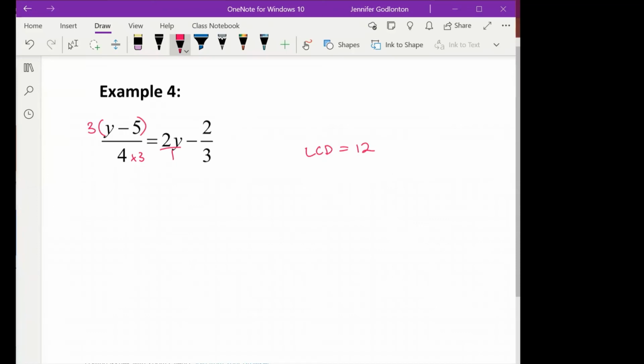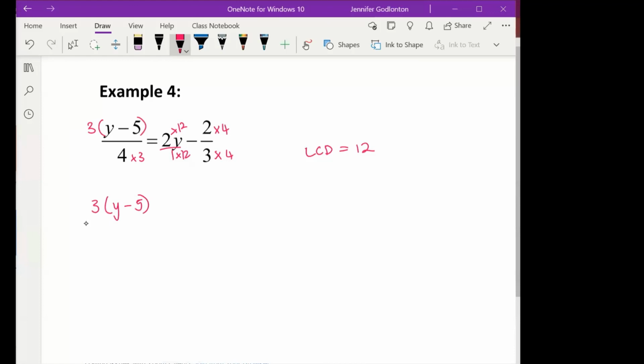Multiply 1 with 12. Good. And 2y with 12. Good. Yes, then you multiply 3 with 4. Good. And 2 with 4. Excellent. Okay. Talk me through the next step. Then you're gonna write 3 open brackets y minus 5.